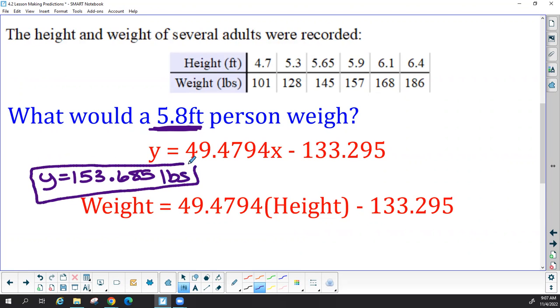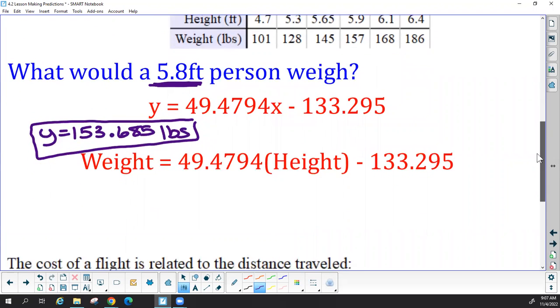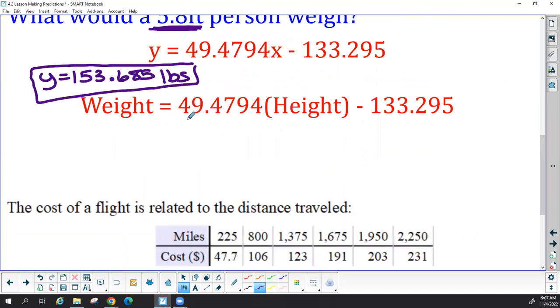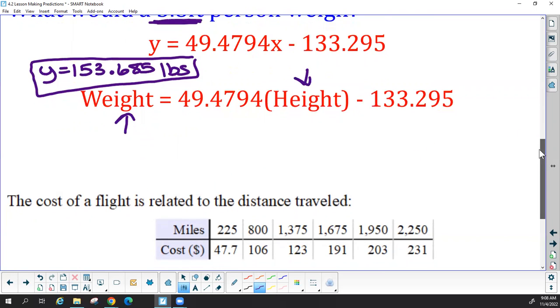So we would predict, not guarantee, based on our table here that somebody who's 5.8 feet tall would weigh approximately 153.685 pounds. And again, you could use this version of the equation. You can replace the X and Y with the actual variables if it helps you keep track of which is which. But again, you do not have to.